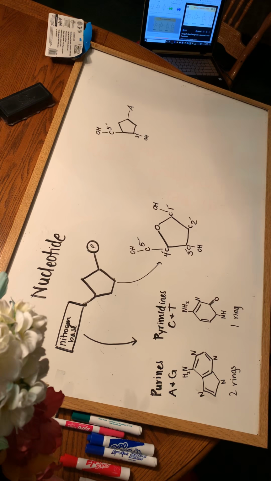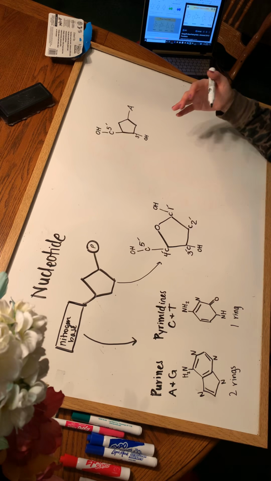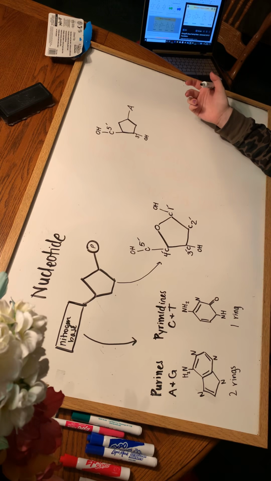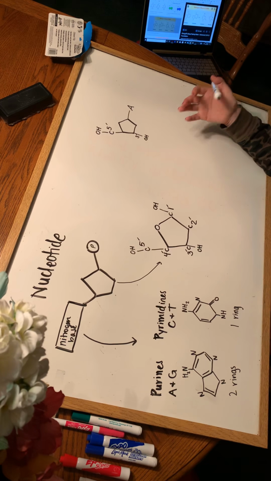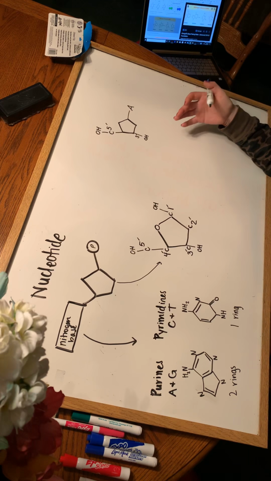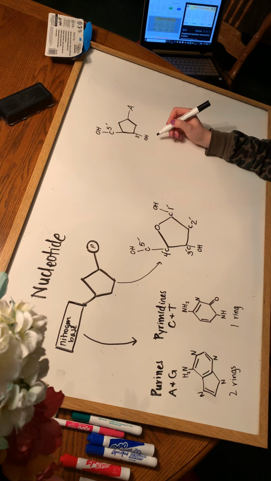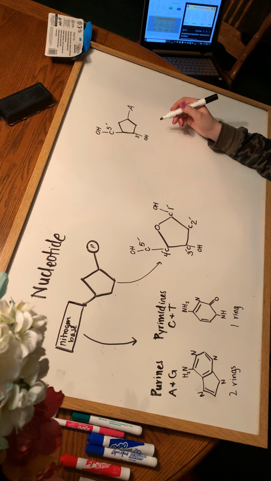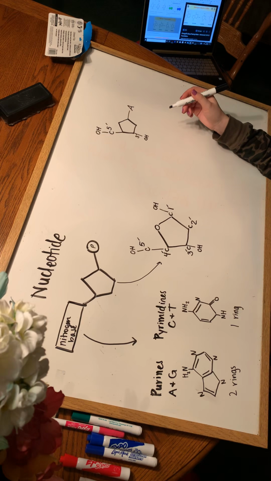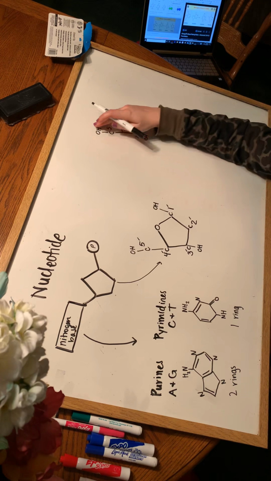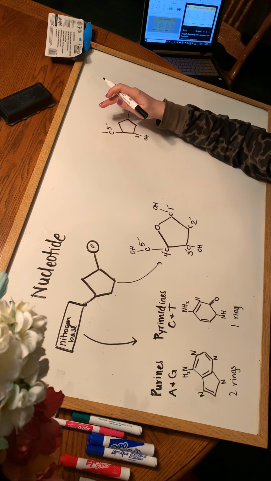So when a new nucleotide gets attached to this, when a new covalent bond needs to be made, that phosphodiester bond, a new nucleotide has to be added to the 3 prime end. So the new nucleotide has to bind, oh, I forgot the phosphate. The phosphate winds up getting bound here.